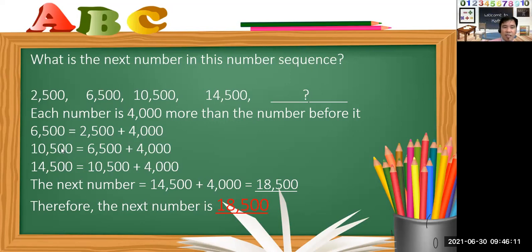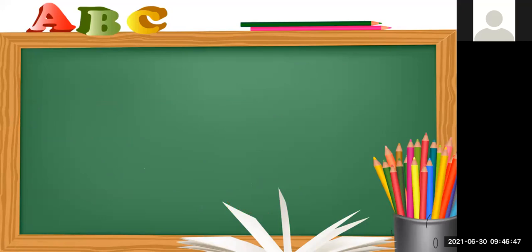So next, 10,500 is 6,500 plus 4,000, and 14,500 is 10,500 plus 4,000. And the next number, 14,500 plus 4,000, the answer will be 18,500.